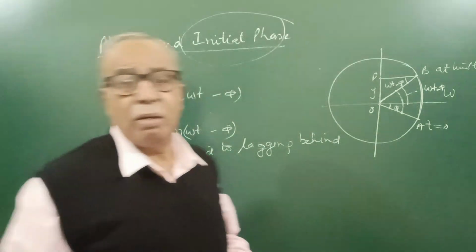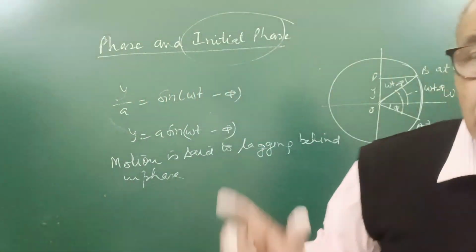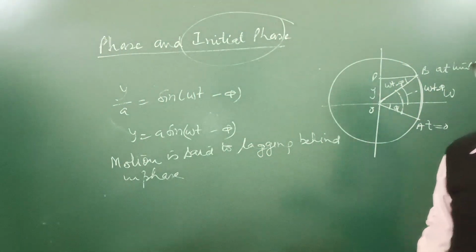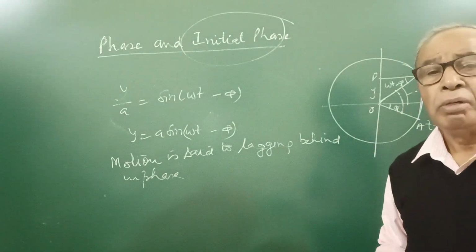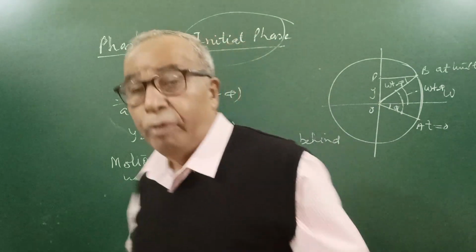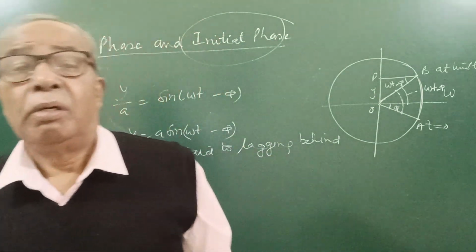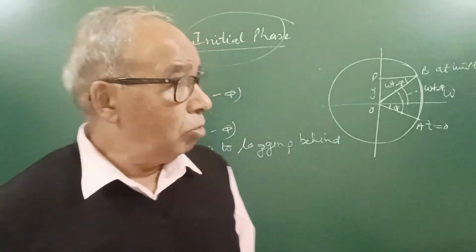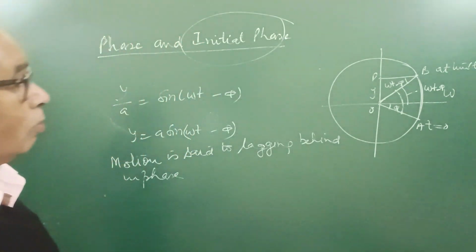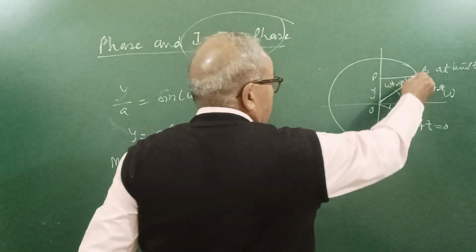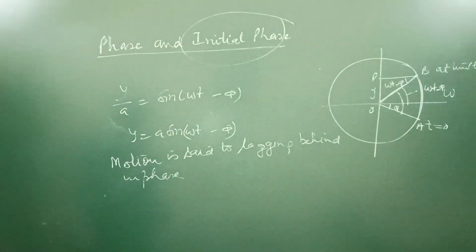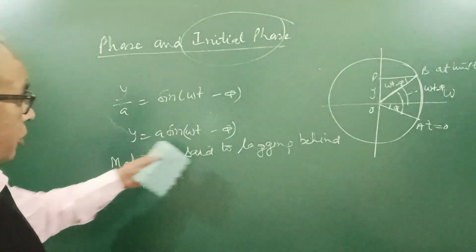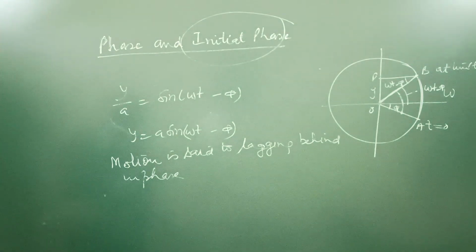Here you may feel it unnecessary, but this is a very important term to understand the concept of wave. I will be telling you what is wave later. I don't want to waste time here. So that is called initial phase. And here this equation is said to be lagging behind in phase.